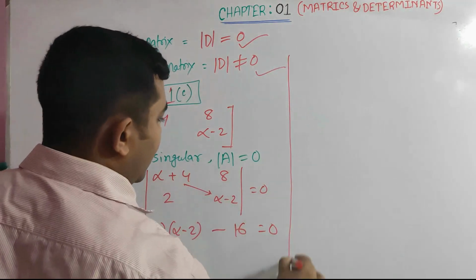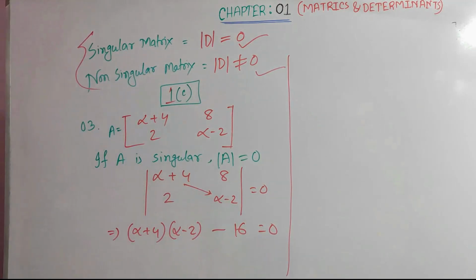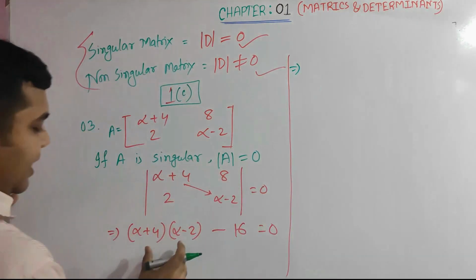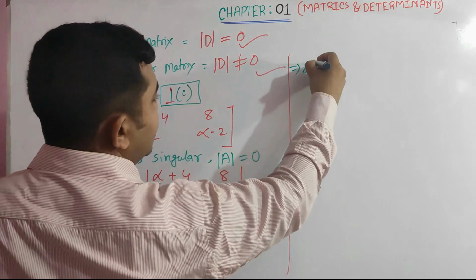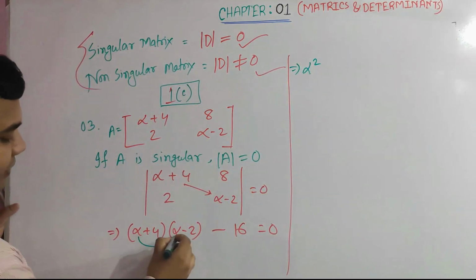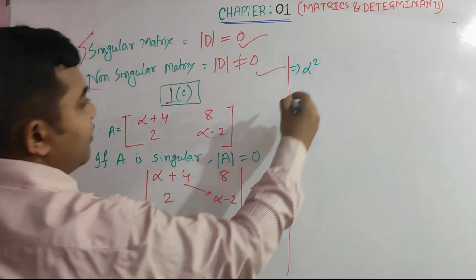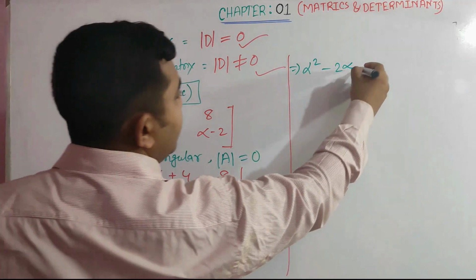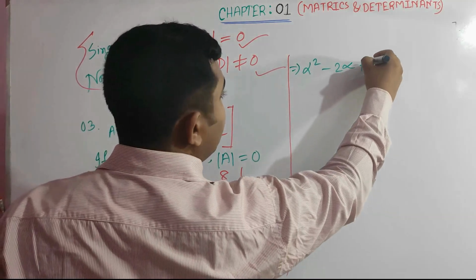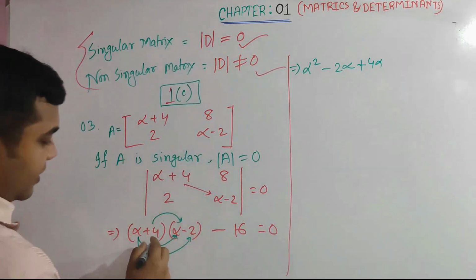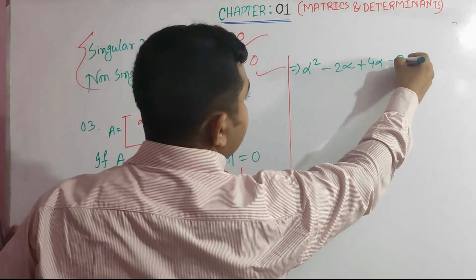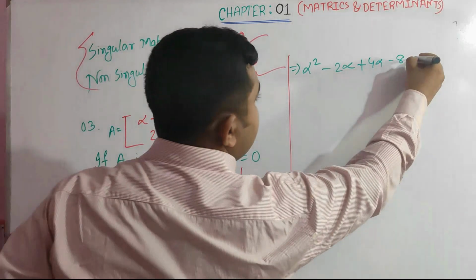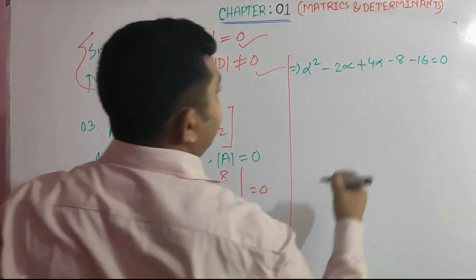From here what can we write? If we multiply these two, we will get alpha square, then minus 2 alpha, then 4 alpha, and minus 8, and here is minus 16 equals 0.